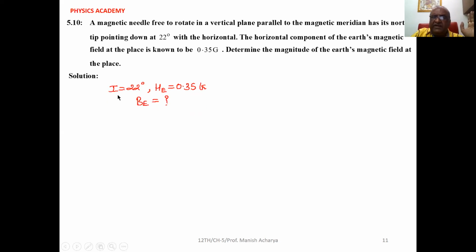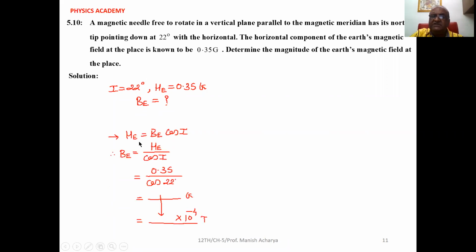The angle of dip or inclination that is given to you, I equal to 22°. Horizontal component of Earth's magnetic field, that is 0.35 Gauss, is also given to you. We have to calculate Earth's magnetic field at that place, BE.